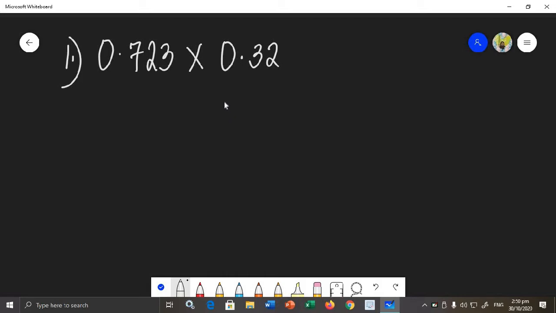So first, I wrote the rules in multiplying decimals in your module. So the first rule is, of course, we need to write the given in vertical form. So I am going to rewrite this in vertical form or patayo.